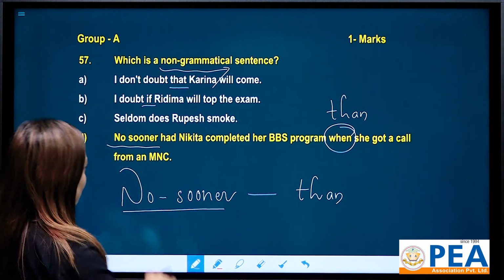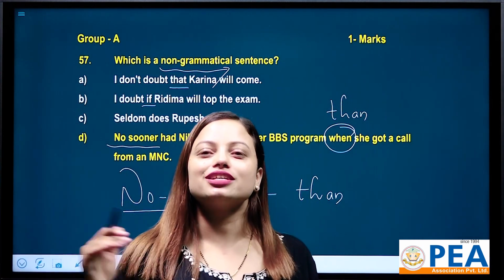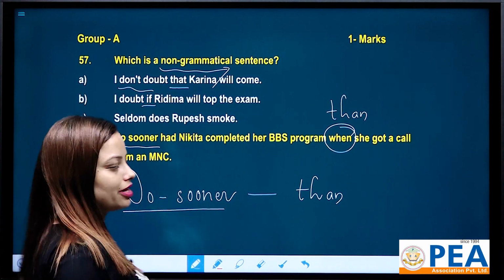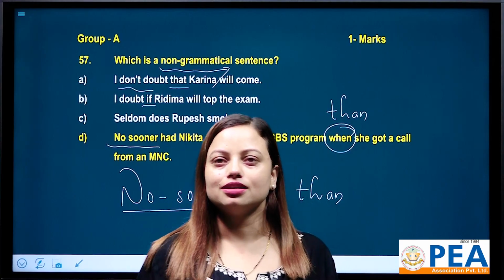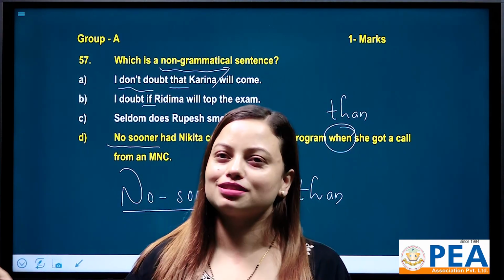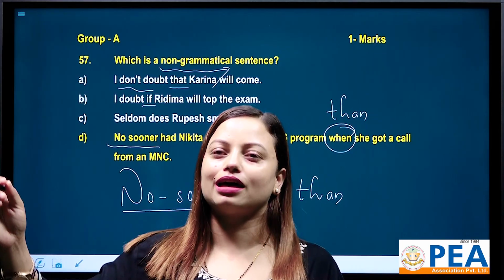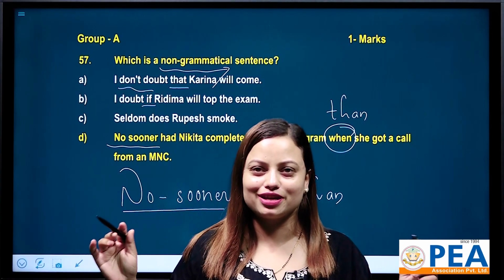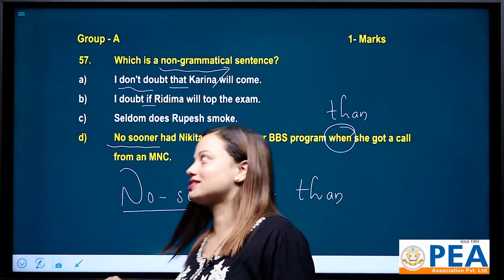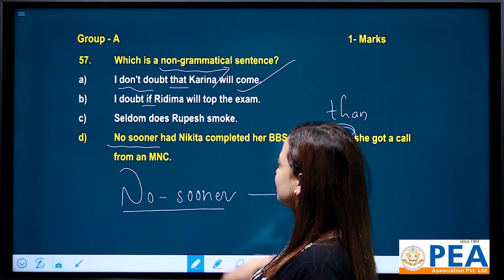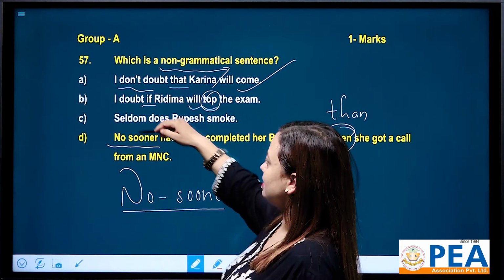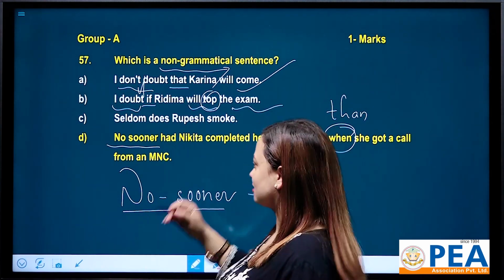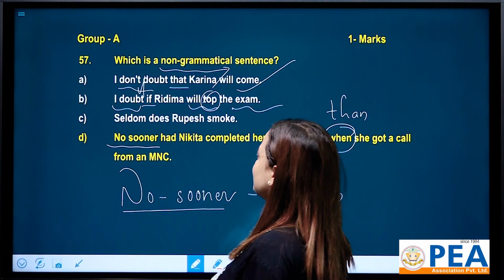Okay, here all these sentences are in conditional sentence, right? So here first is also from first conditional sentence. In the if clause there is verb 1, and in the main clause there is will, may, can plus verb 1, right? This is the exact structure for a conditional sentence, that is first conditional sentence. It is also based on first conditional sentence. Look at here, will plus base verb. Here is verb 1, right? This is also based on first conditional sentence. And the third one is seldom does Rupesh smoke.